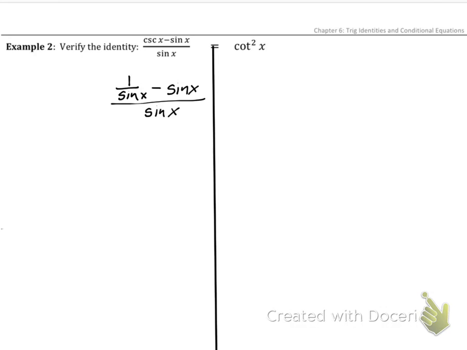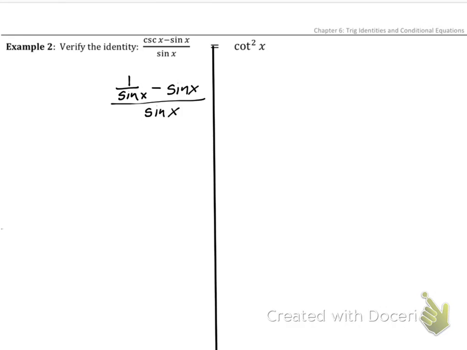Can I rewrite anything else? Do I have any sine squareds, 1 minus sine squareds, 1 minus cosine squareds? Well, you could put the 1 over sine on the lower part of the fraction, make that into negative sine x over sine squared x.